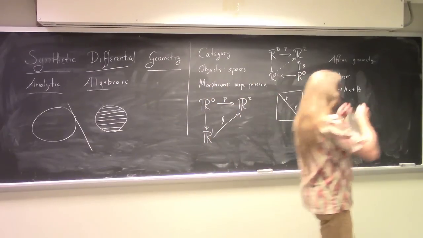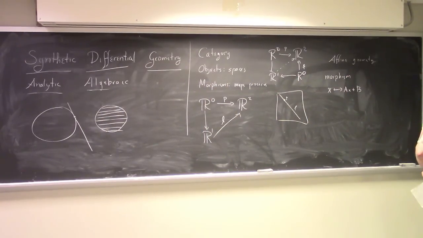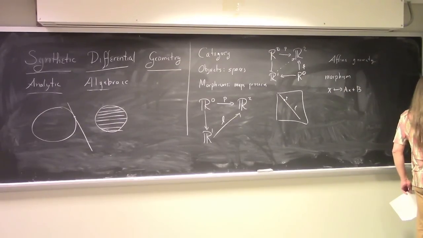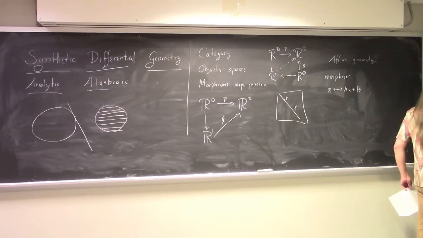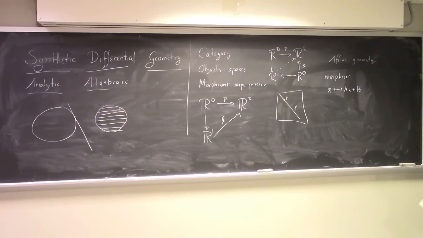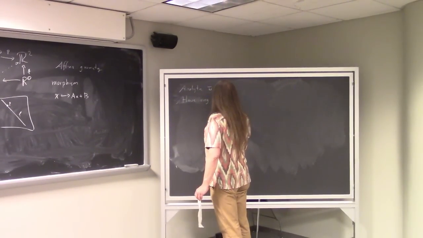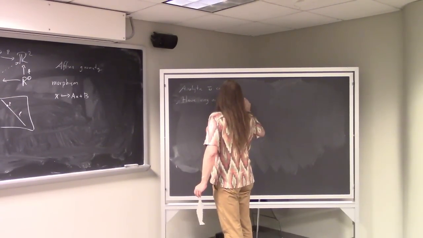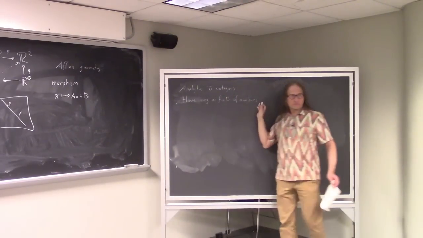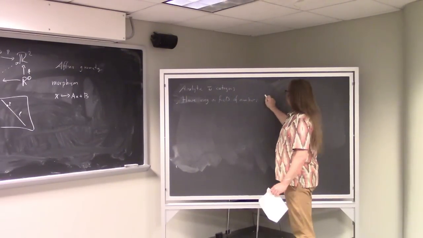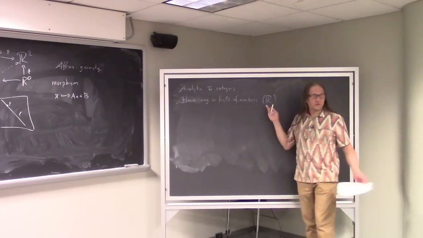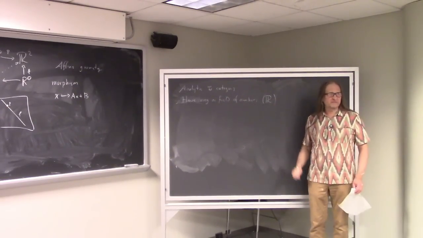So, analytic with category. For a space, we have a ring or a field of numbers, which is where our values are taken. Classically it's the real numbers, and this talk will just use real numbers, but it could be something else.